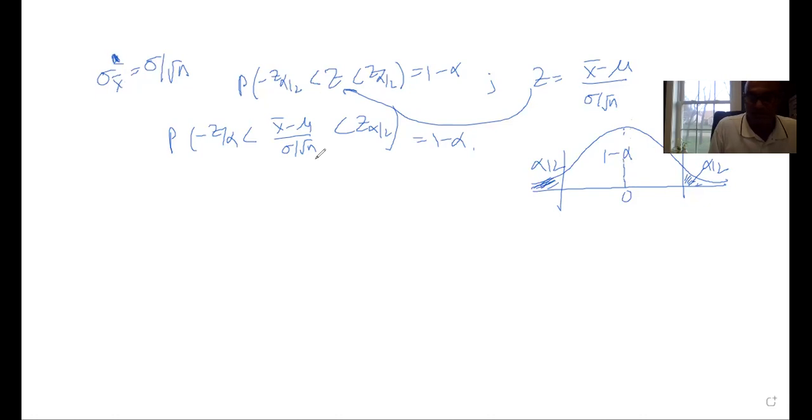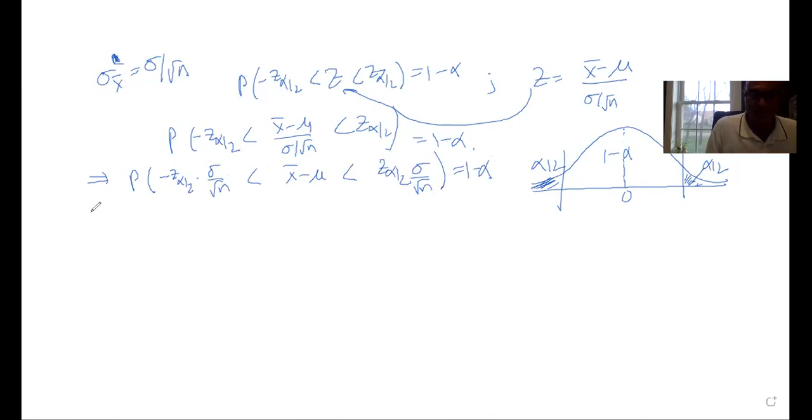Okay, how will it work? I'm looking for the value of mu. So let me multiply both sides by sigma over square root of n, a simple algebraic calculation. Let me rewrite this one. So negative z alpha by 2 times sigma over square root of n is less than x bar minus mu, which is less than z alpha by 2 times sigma over square root of n, and that is equal to 1 minus alpha.